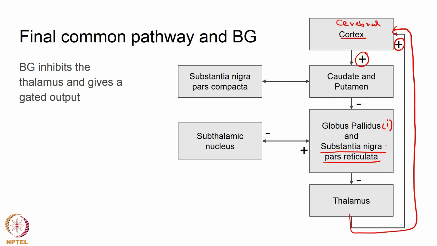They constantly inhibit the thalamocortical neurons, and when there is a need, they release some neurons from this inhibition, which appears as excitation here, and that causes movements. So, in this sense it is believed that the basal ganglia acts as a gate to release movements.